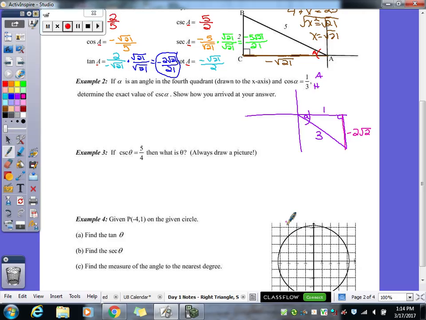All right, so we've got our missing side. We now have to find cosecant of A. There are 2 ways we could go about this. One way is people just happen to remember cosecant of A is what over what? Hypotenuse over the opposite. So what is our hypotenuse again? 3. Our opposite side? Negative 2 radical 2. But again, I can't leave it like that, so what do I have to do?